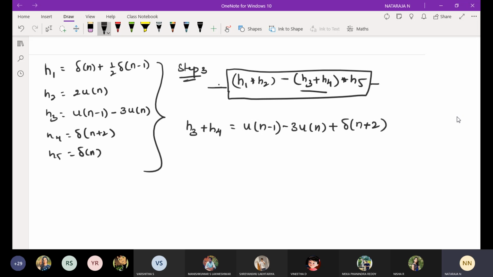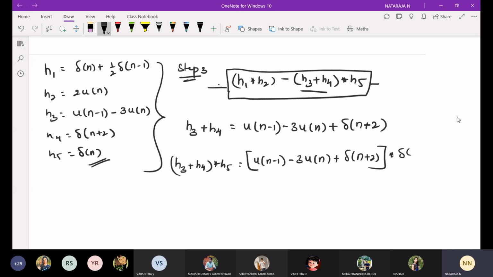Now, this H3 plus H4 we have in convolution with H5. Means my next step will be H3 plus H4, that is u of n minus 1 minus 3 u of n plus delta of n plus 2, convolved with H5. What is the value of H5? H5 will be delta of n. What is delta of n?